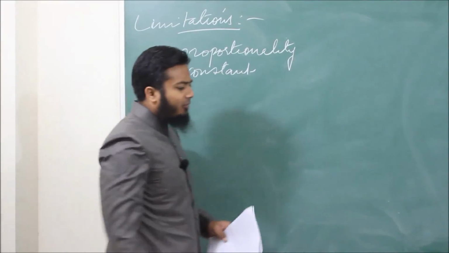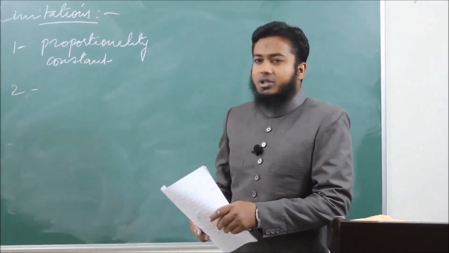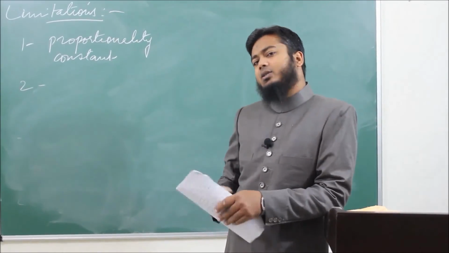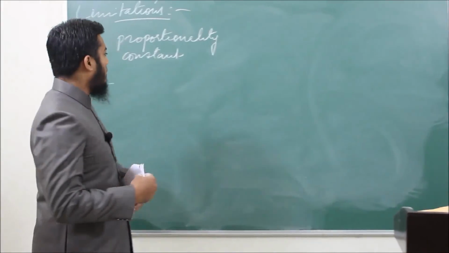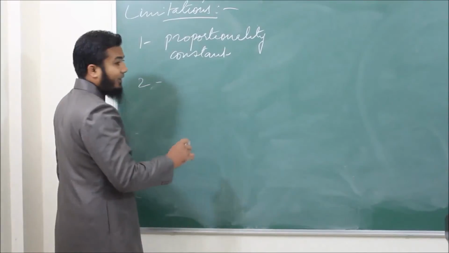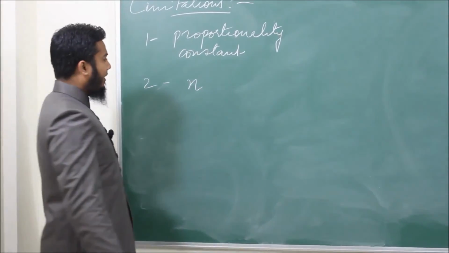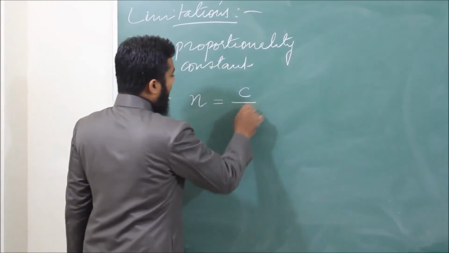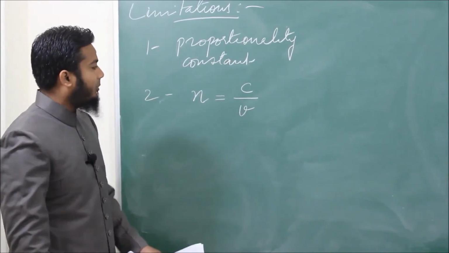Second, we cannot find an expression for a quantity that has no dimension. For example, there is a quantity called refractive index. Let's write n for it. It is defined as the speed of light in vacuum divided by the speed of light in any medium, air or oil or water or any other medium.